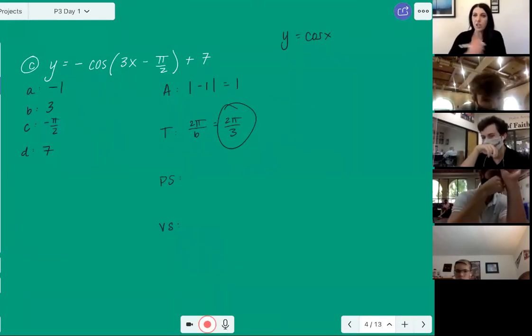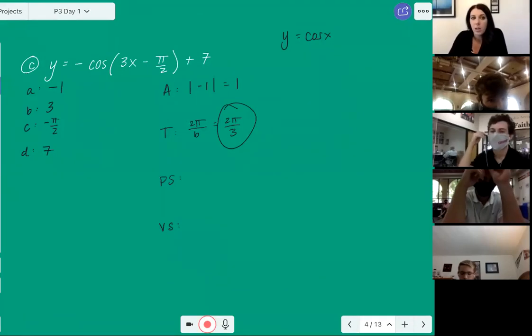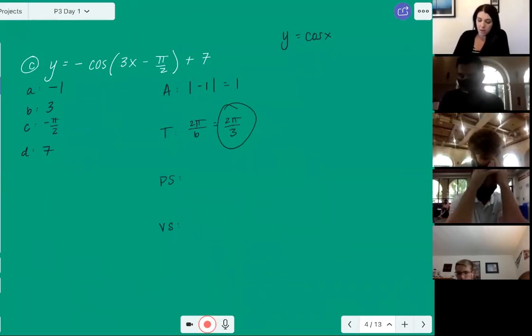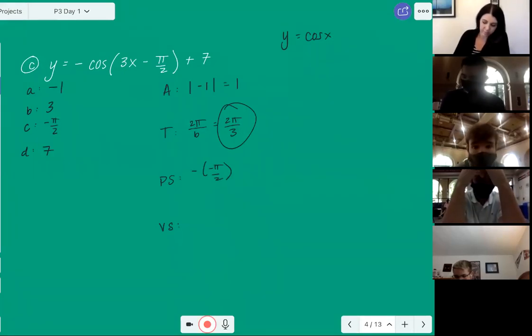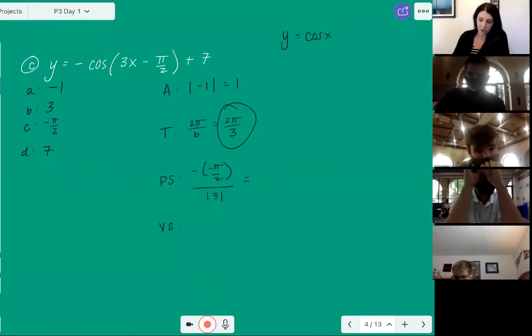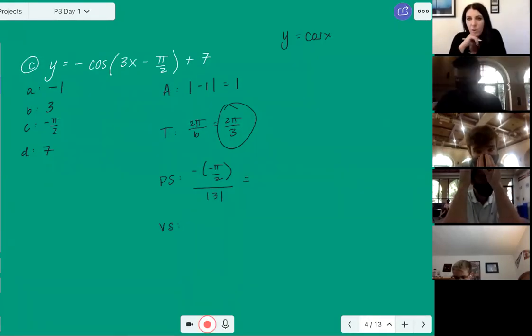Let's go to Bobby. Bobby, how do we find phase shift? Phase shift, you have -π/2 over absolute value of b, which is 3. Excellent. Okay, so we have -π/2 over 3.